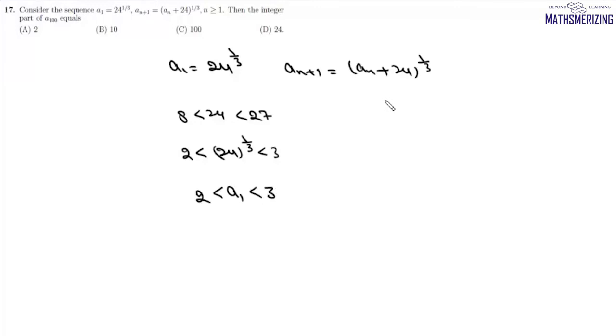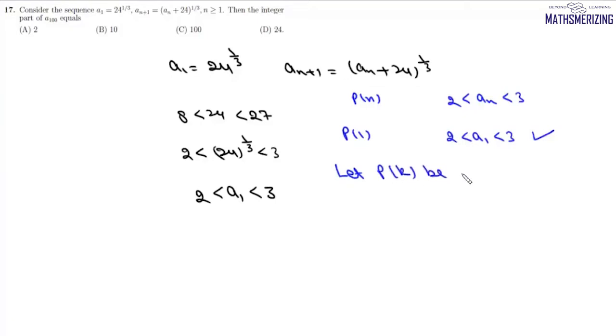Now we'll make an assertion that for any n, a(n) will lie between 2 and 3, and we'll prove it using mathematical induction. Now if we take n as 1, we'll get a1 is greater than 2 but less than 3, which is true. That means the statement is true for n equals 1. Now we'll assume that let P(k) be true.